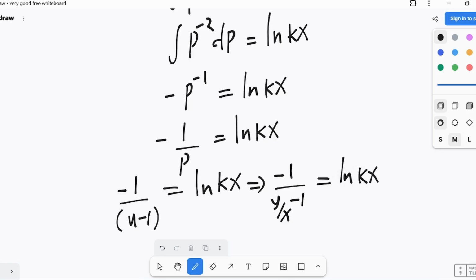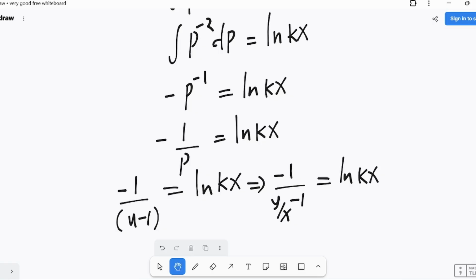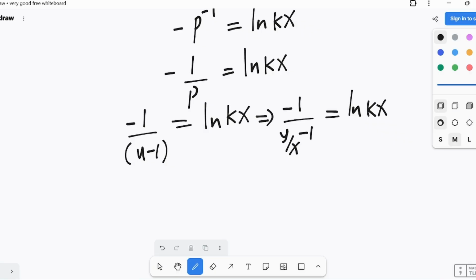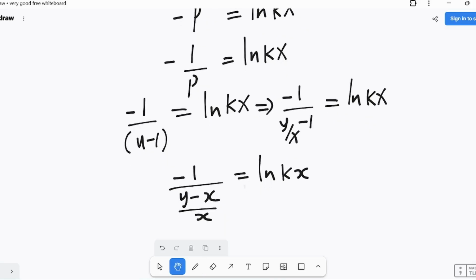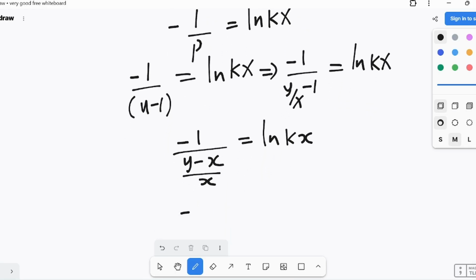Now simplifying the denominator, getting the LCM and so on, we shall have negative 1 out of y minus x out of x is equal to ln of kx. Which eventually, the left hand side becomes negative x out of y minus x is ln kx.